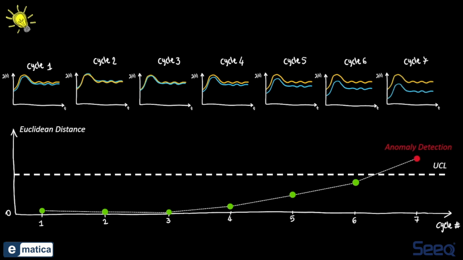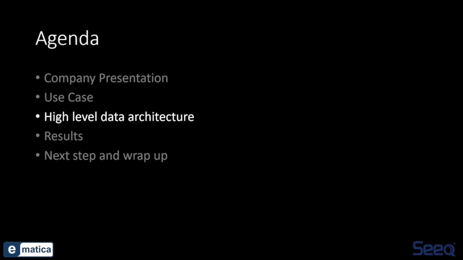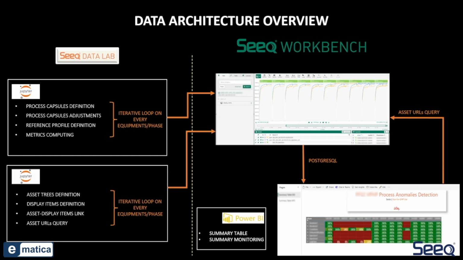Now, what happens is that we want to detect the Euclidean distance going over a certain threshold, a statistic threshold, telling us there's an anomaly. So that means do something before the cycle fails.